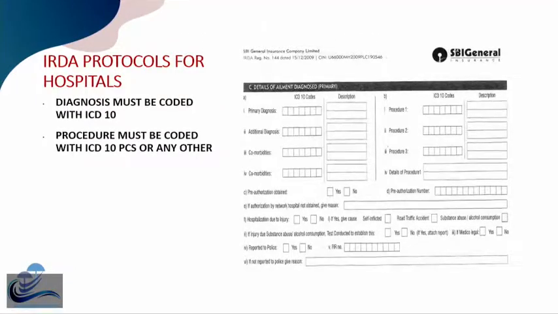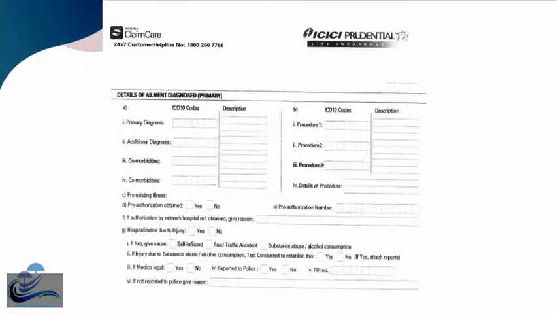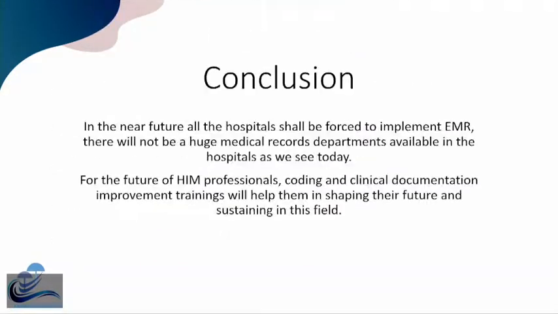ICD-10 is for the primary diagnosis, additional diagnoses, and comorbidities, and for procedures ICD-10 PCS is entered. So this is our part: medical health records professionals have to codify the classification of diseases for insurance purposes as well as disease studies.